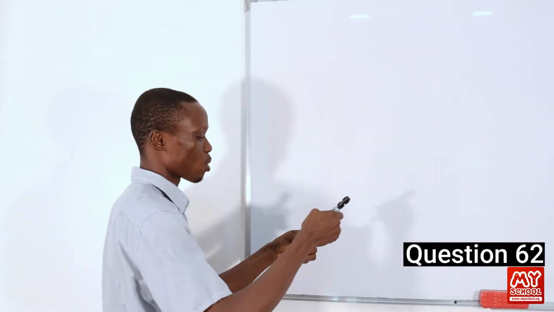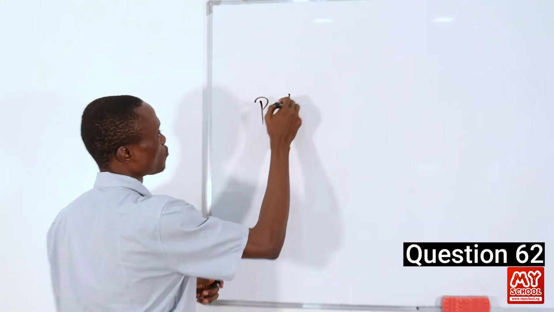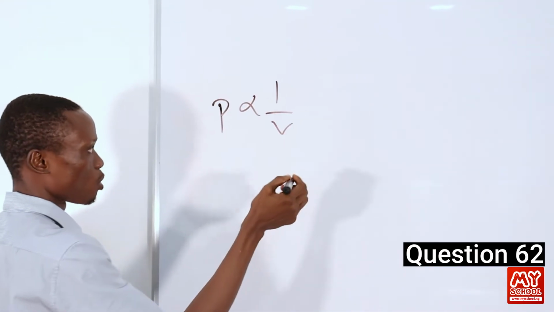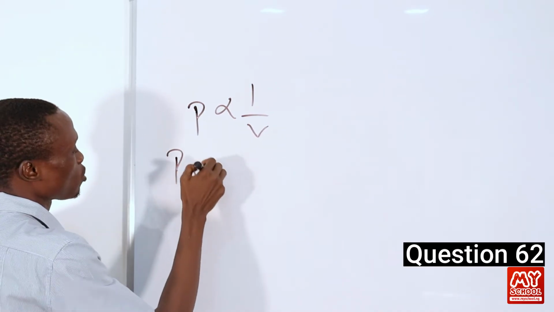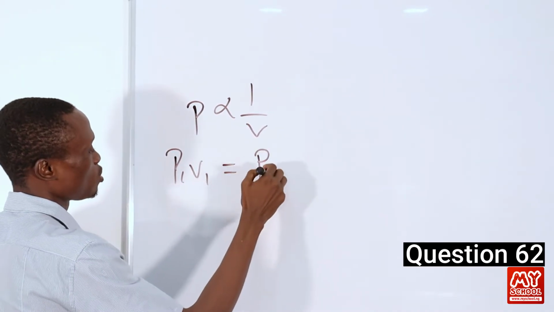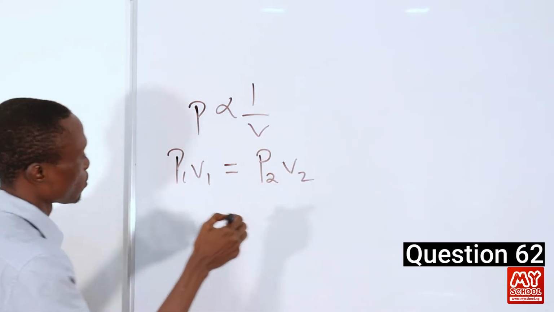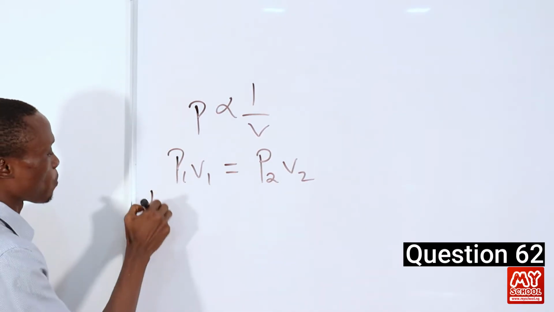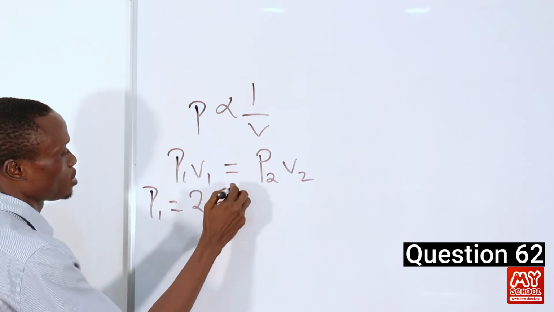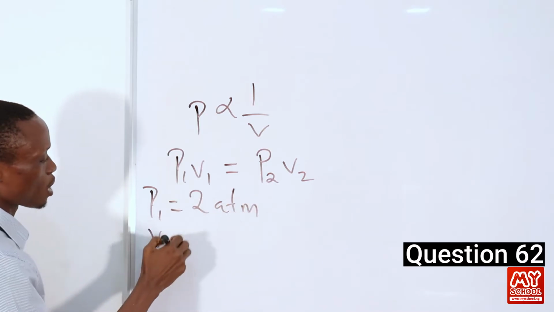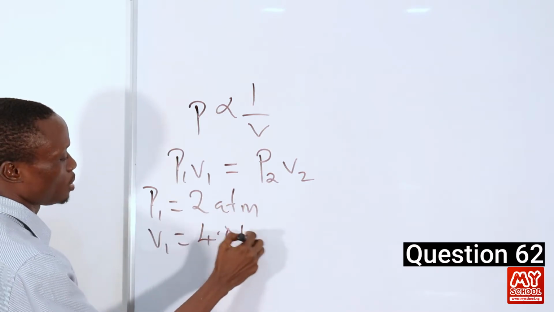So according to Boyle's law, okay, pressure is inversely proportional to volume, so that P1 V1 is equal to P2 V2. From the question, we know that P1 is equal to 2 atm and V1 is equal to 4.0 liter.